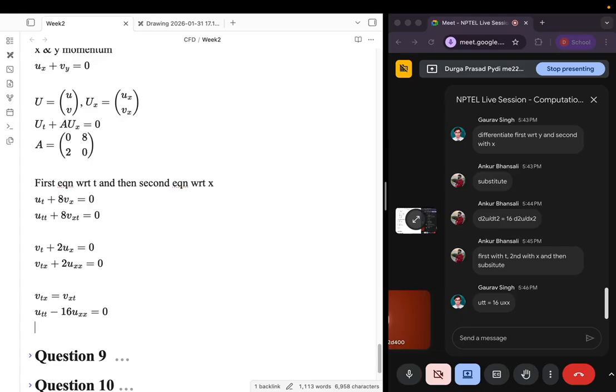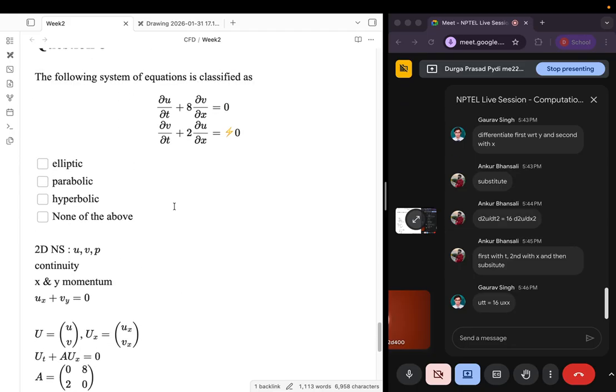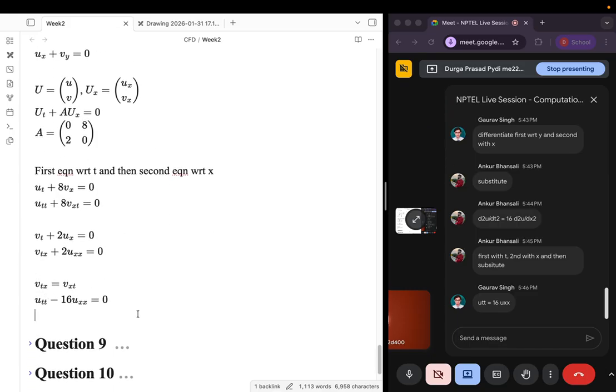And what is the nature of this particular equation? There are two things that I want you to understand here, or kind of highlight here. We have two first order equations, and you can always do something that makes it equivalent to one second order equation.